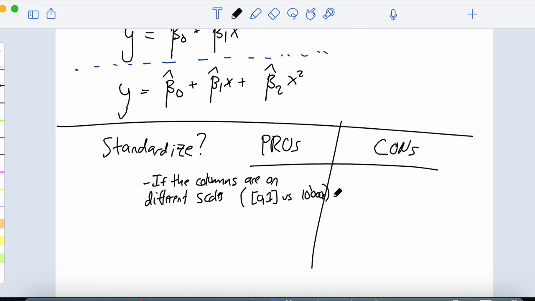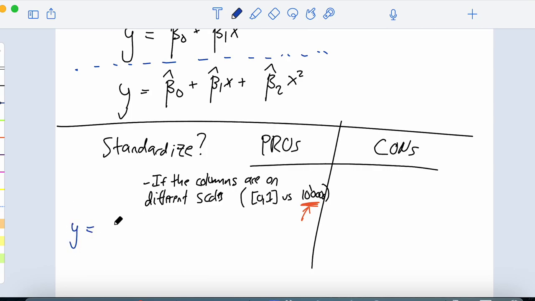So one column maybe is like the percentage of something between 0 and 1, and the other column is like how many thousands of square feet or something in your house, right? And if those are very different, then this can lead to a problem. You said that the model will favor this one. Like the model will be like, oh, the 10,000 numbers matters a lot, and the other number doesn't matter a lot. So some models will do that if they're not set up right. Depends on the model we are looking at, in the linear models, it's always like this.